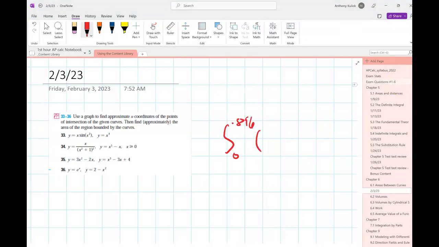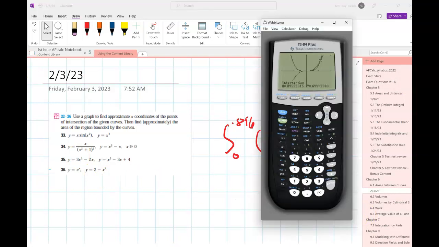And then did we remember which one was on top? Let's look at that picture again. I think it was the sine of x squared that was the one on top. So there's that one. Oh, I know what to do.